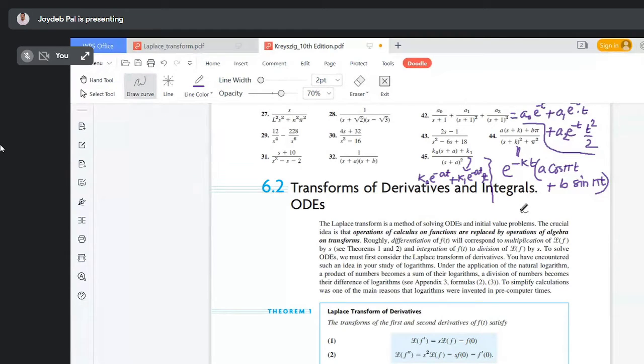But here we can solve a non-homogeneous ODE with some initial conditions directly by applying Laplace transform.